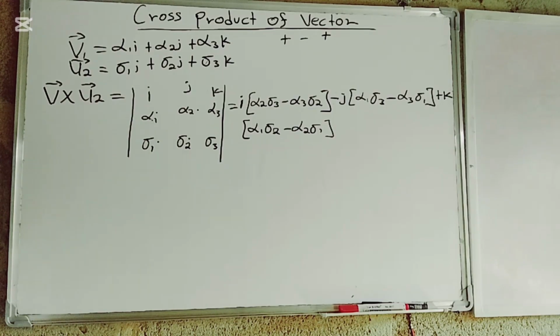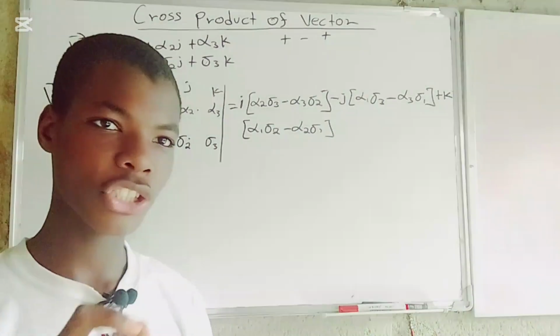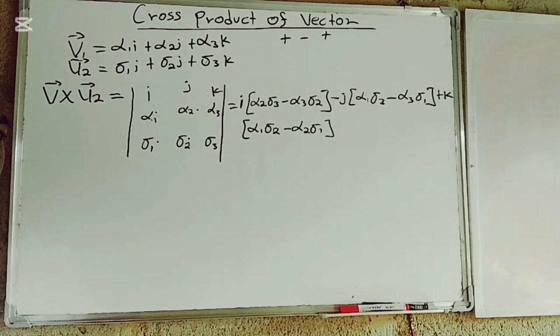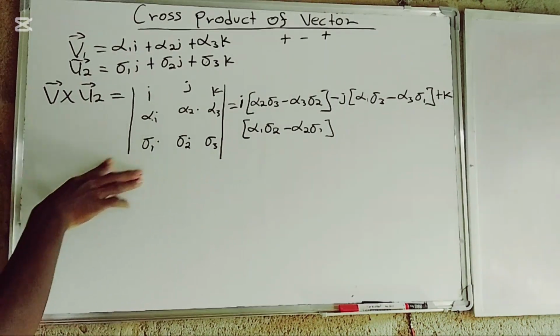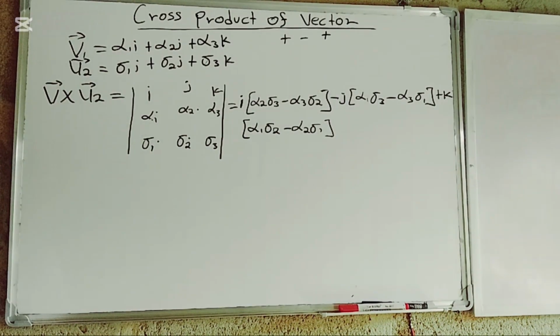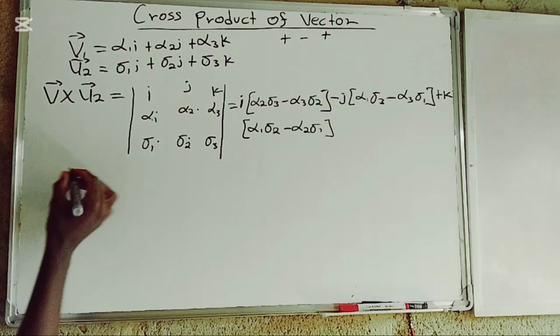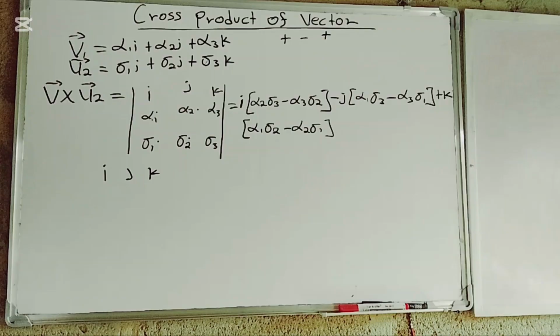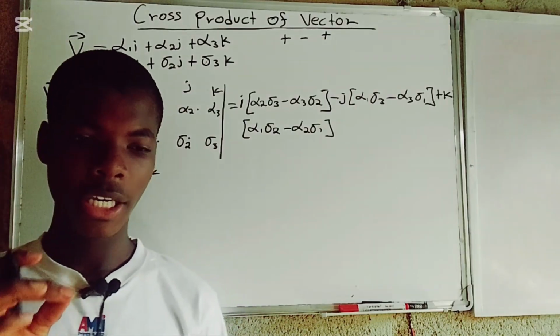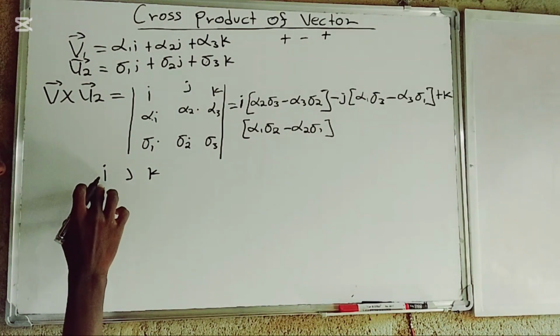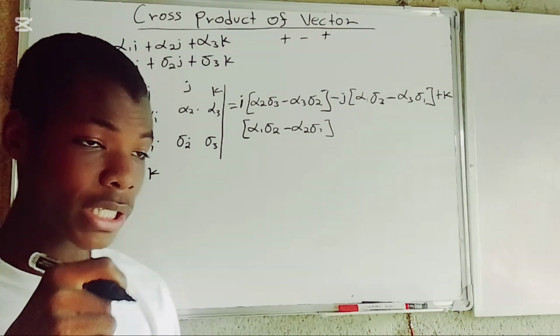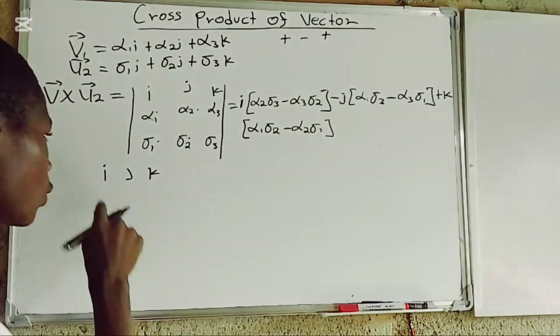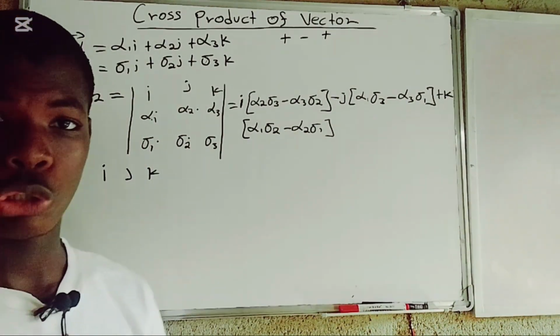If you check the description of this video, you will see the introduction to determinant, how to find the determinant of a matrix, so it may help you in solving the cross products. So guys, you have to take note of these three: i, j, and k. In dot product, I explained that i dot i is the same thing as 1, and i dot j is the same thing as 0.